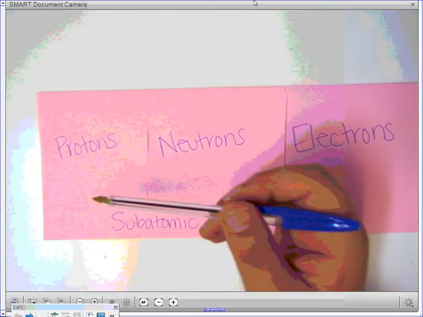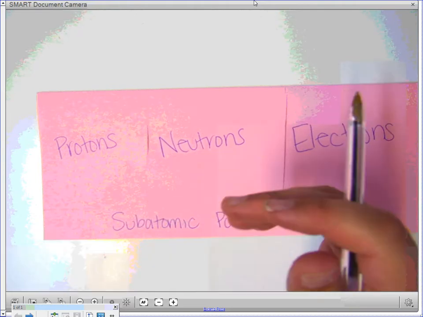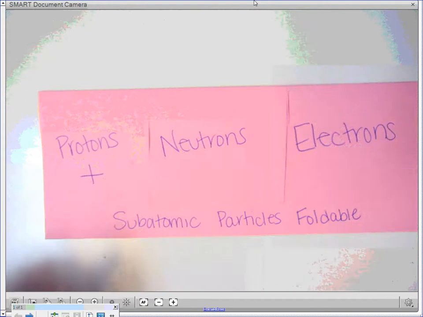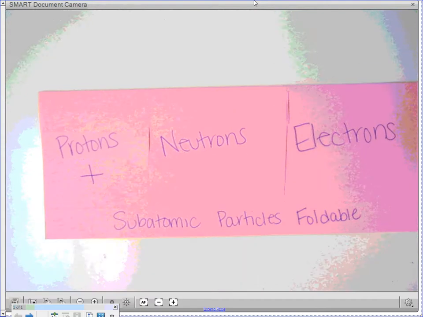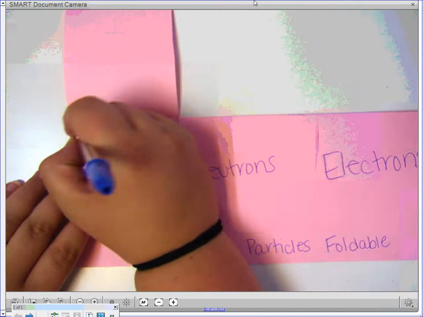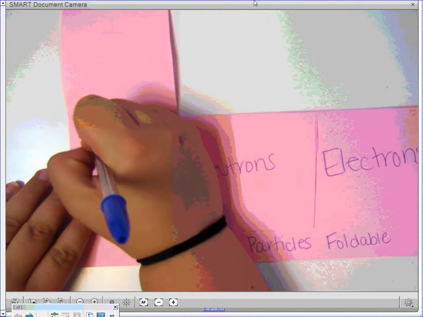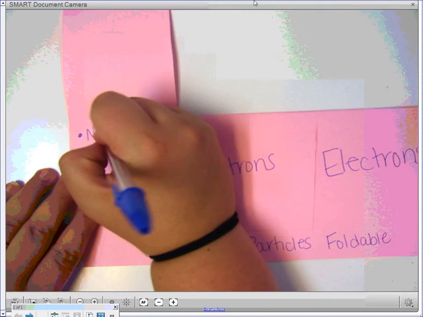Protons. Now, if you remember from the graphic organizer on the atom, protons start with a P, so does positive, so let's just put a little plus sign so we know that protons are positive. If you flip it open, what we're going to say down here, this is just an easier way to read the graphic organizer. So protons are found in the nucleus.